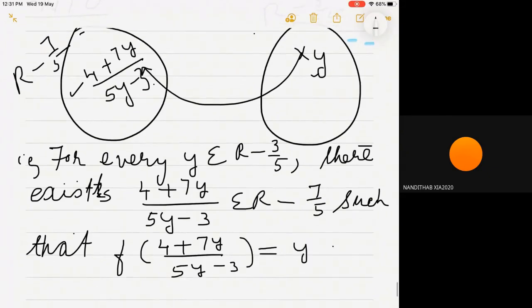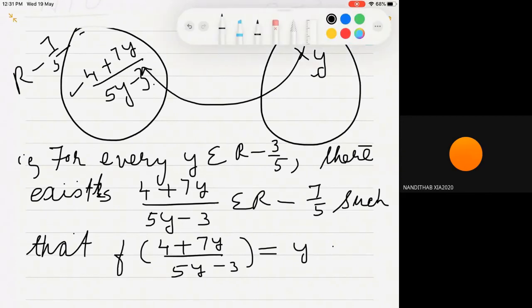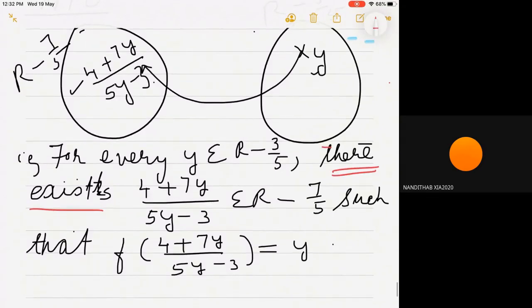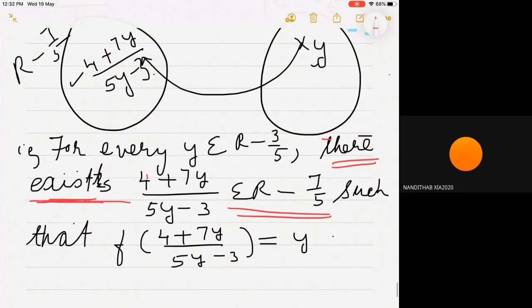So there exists, that is our checking part. Whether there exists, that checking part only I have told you now. For every y there exists or not, that only you have to find out. There exists this in this set. This is the first part of checking, and the second part is telling that 4 plus 7y by 5y minus 3 is the pre-image of y.